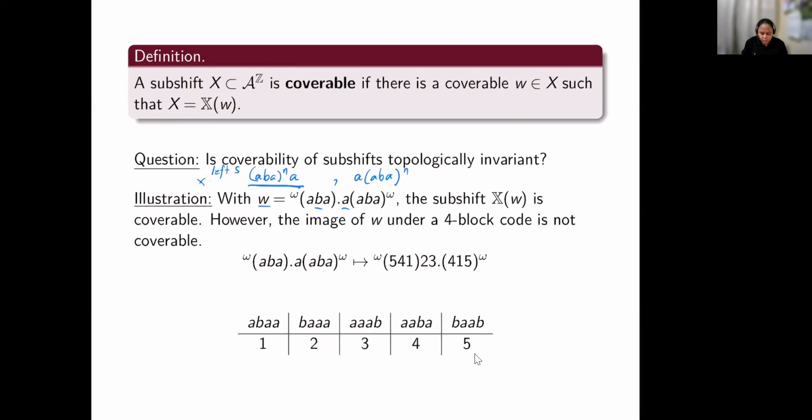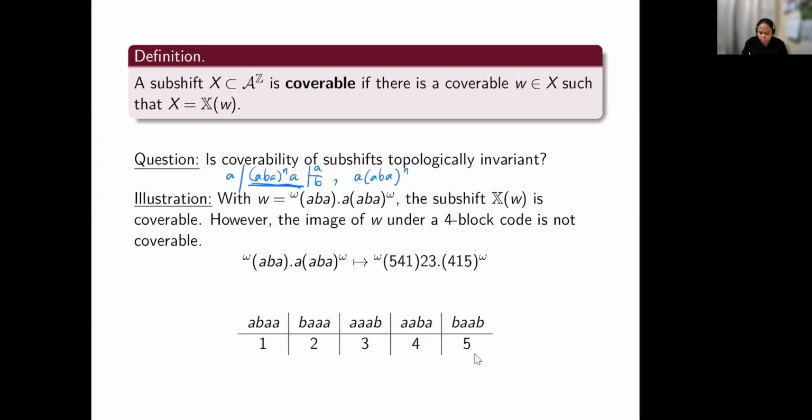But it is not right special, because it is always followed by, let me correct. So this subword here is always preceded by the letter A, and it can be followed by the letter A and by the letter B. And so this is not left special, but it is right special.